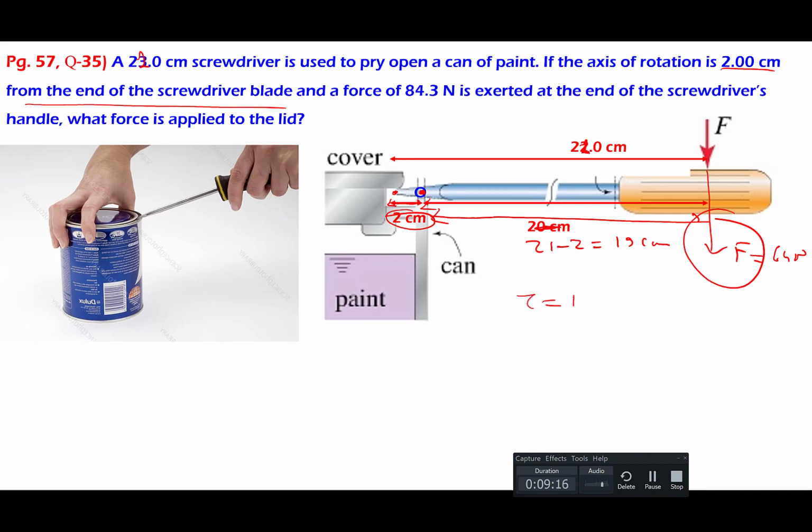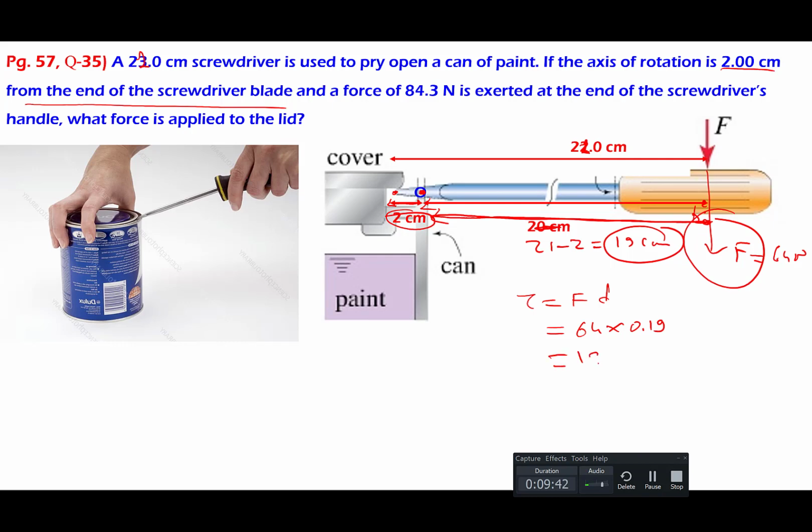Torque is equal to force times distance. So this is force times perpendicular, so no need to write sine 90. 64 multiplied by the distance from the force to the axis of rotation, which is 19 centimeters, so 0.19. We are going to multiply them: 64 multiplied by 0.19, which is equal to 12.16.